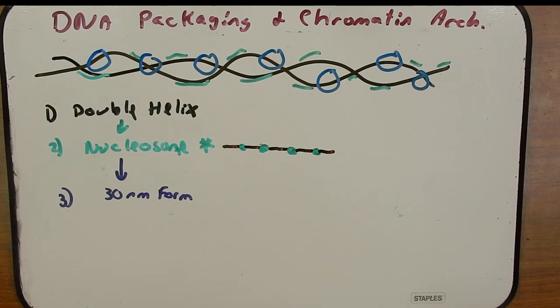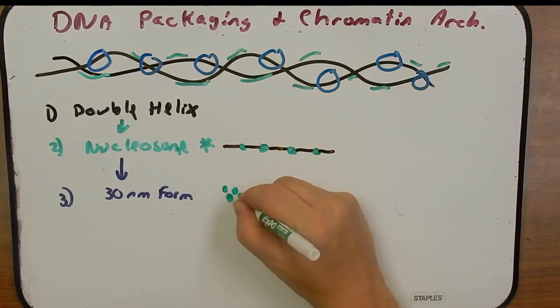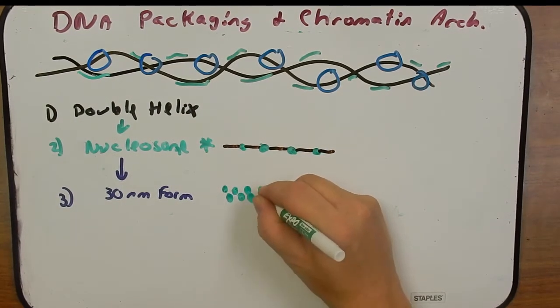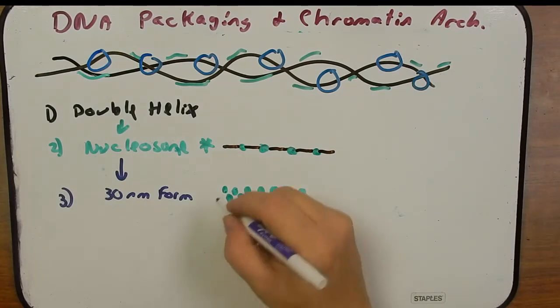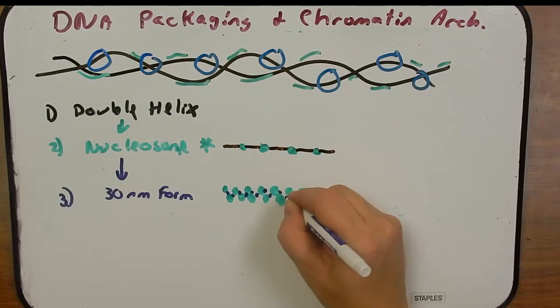Though we're beginning to understand the 30 nanometer form a little bit, what we don't really understand is exactly how it forms and the proteins involved. But we have viewed it microscopically. We just don't understand molecularly exactly how it forms. But in essence, these nucleosomes begin to package up onto each other. We do know some of the proteins involved, and we might mention a couple of them, but they can help stabilize this 30 nanometer form.